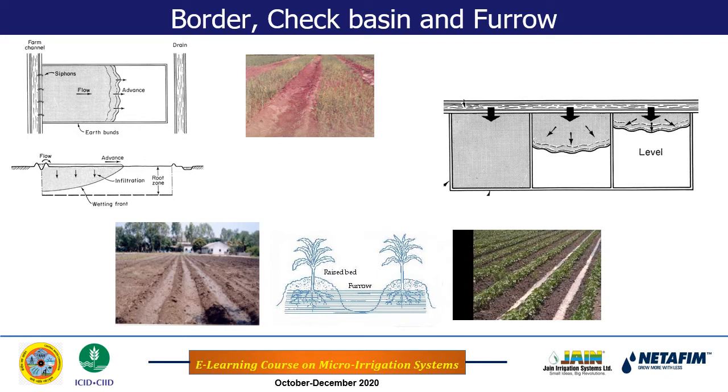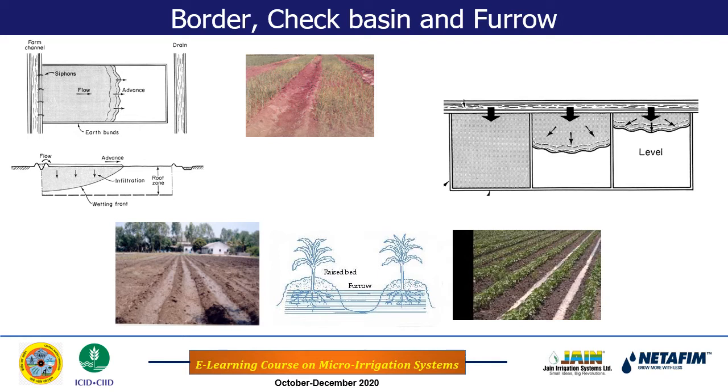Then you come to the sketch below the photograph of the border irrigation method. This is the check basin irrigation method. In check basin irrigation method, the land to be irrigated is divided into a number of basins. These basins may be of square size, rectangle size. In case of the orchard plantation, they are circular as well.